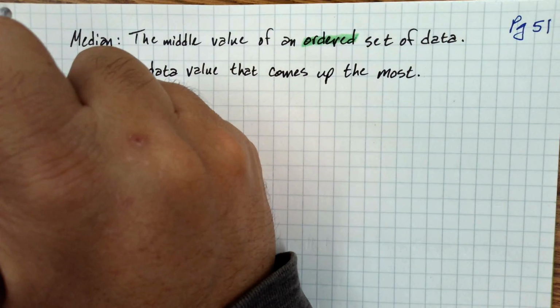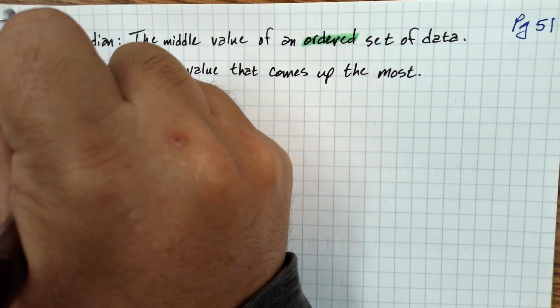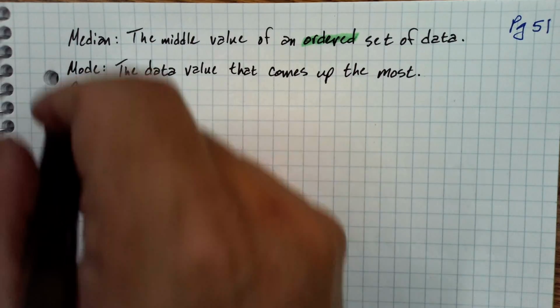All right, and the range. There's a couple of definitions in math for the range, but the one we want for statistics in this case is the difference between the largest and the smallest data value.